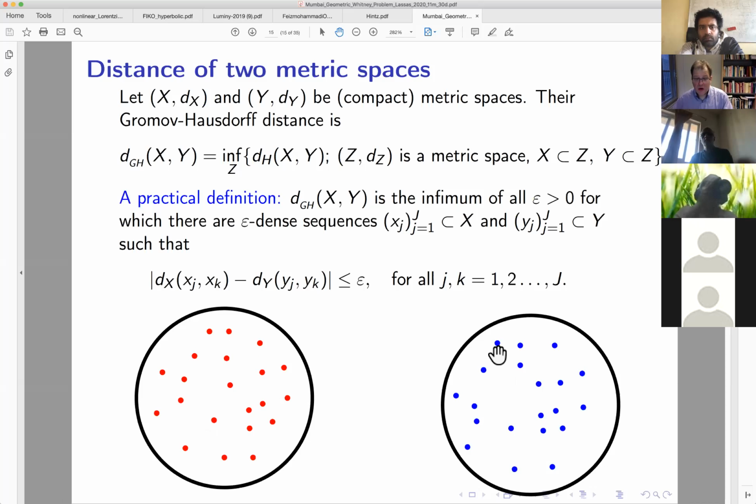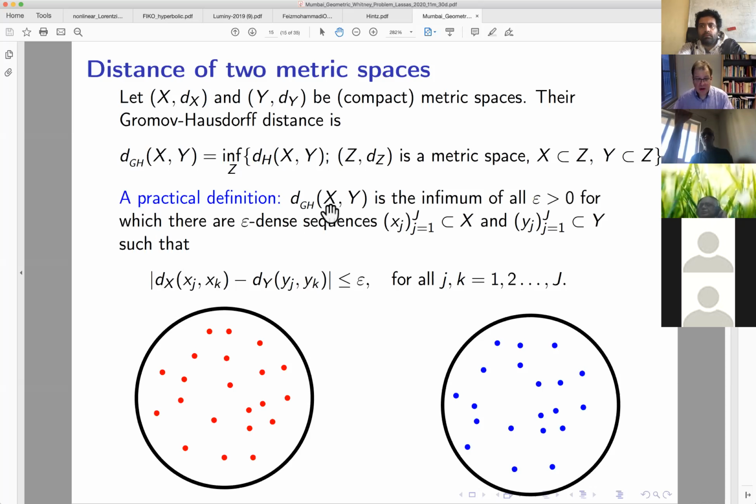And then we compare the distances between these red points and the corresponding blue points. If the distances between the points having the same numbers are the same up to error epsilon, then we think that this is an acceptable epsilon, and then we take the infimum of all acceptable epsilons.